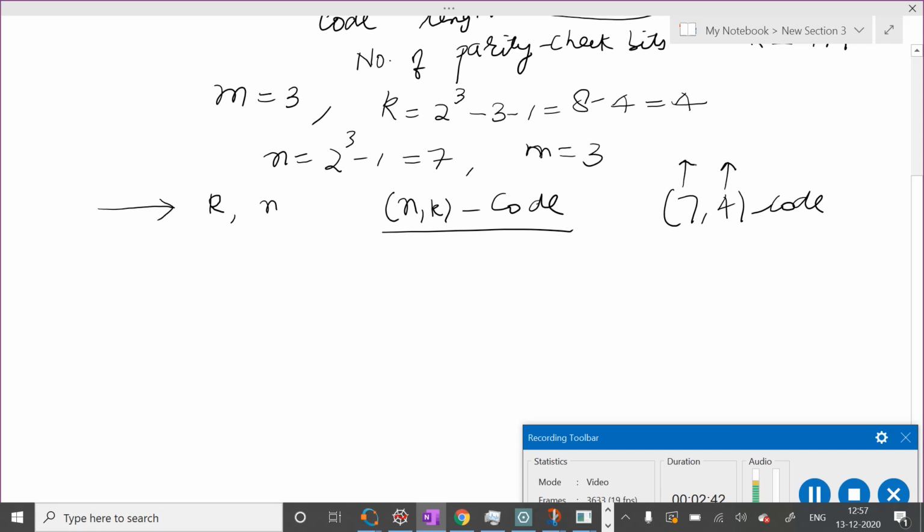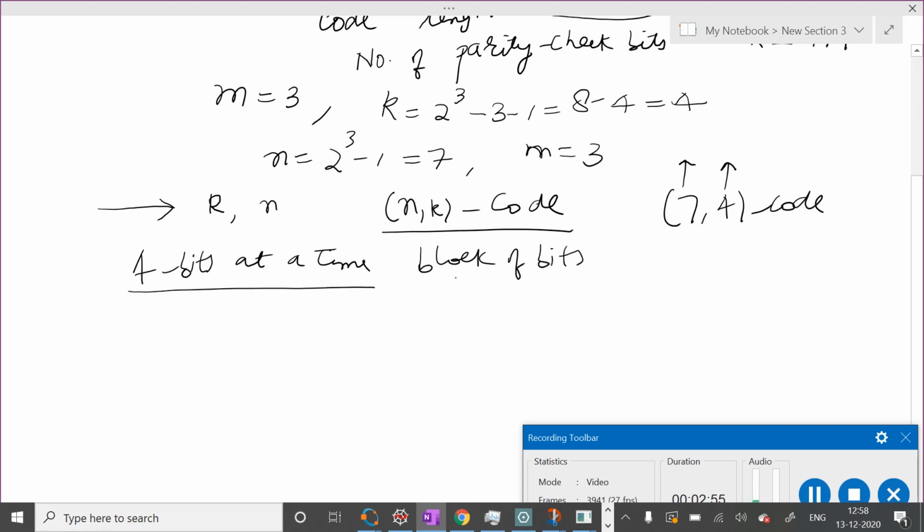And there is one more important thing about terminology. We are taking 4 message bits at a time. In other words, we are taking a block of bits. I will tell you later an example of convolutional codes where we don't take k bits at a time. We take 1 bit at a time and do some coding.